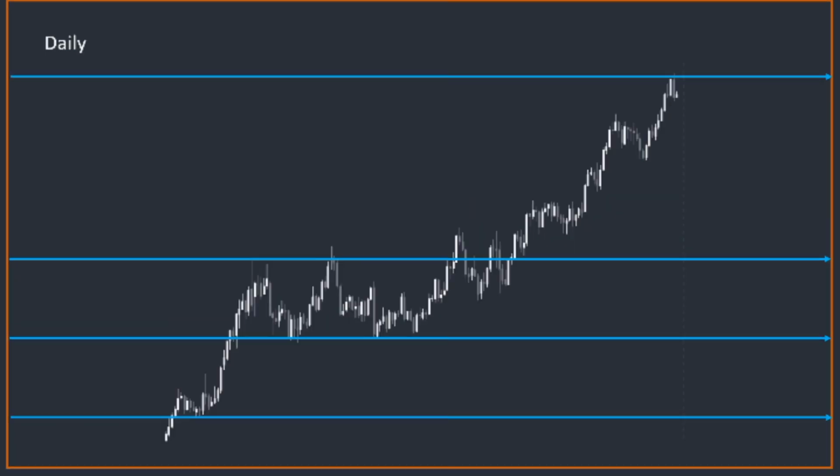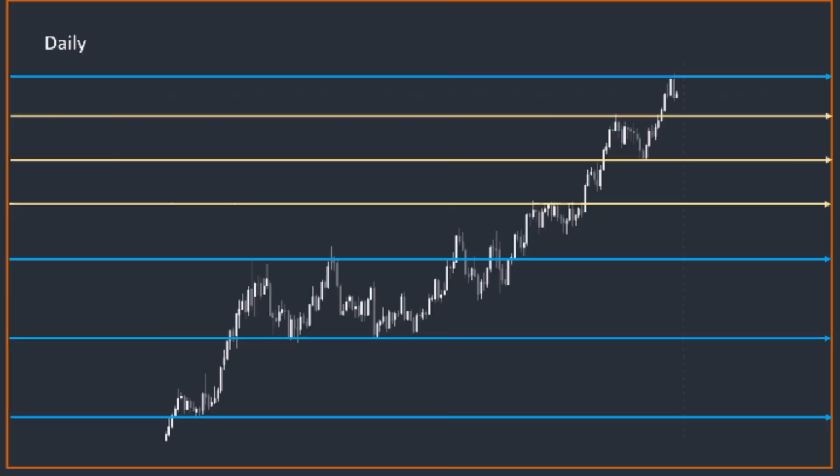Let us move on to the daily time frame. This is a daily time frame, and we still have our key levels. When we're looking at the chart we can see other levels, and we can simply mark them with a different color so that we can differentiate between the key levels and other levels.